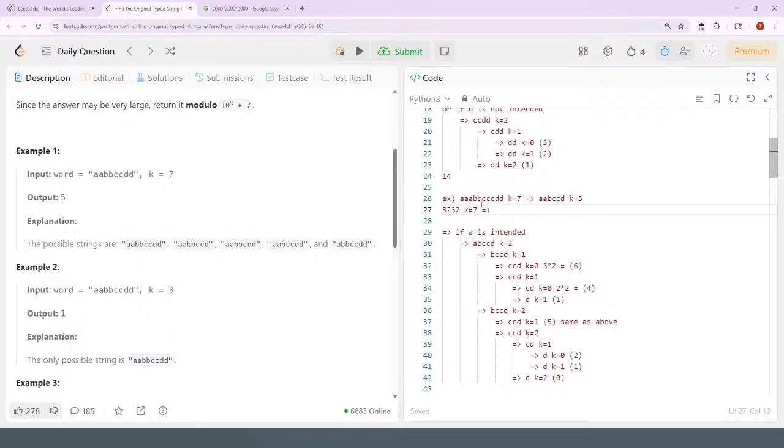If I remove 1 from each of those counts and remove 1 from K for each of those buckets, it would be 2, 1, 2, 1, K plus 3. With 2 A's, a B, 2 C's, a D, but it doesn't really matter what the particular letters are.